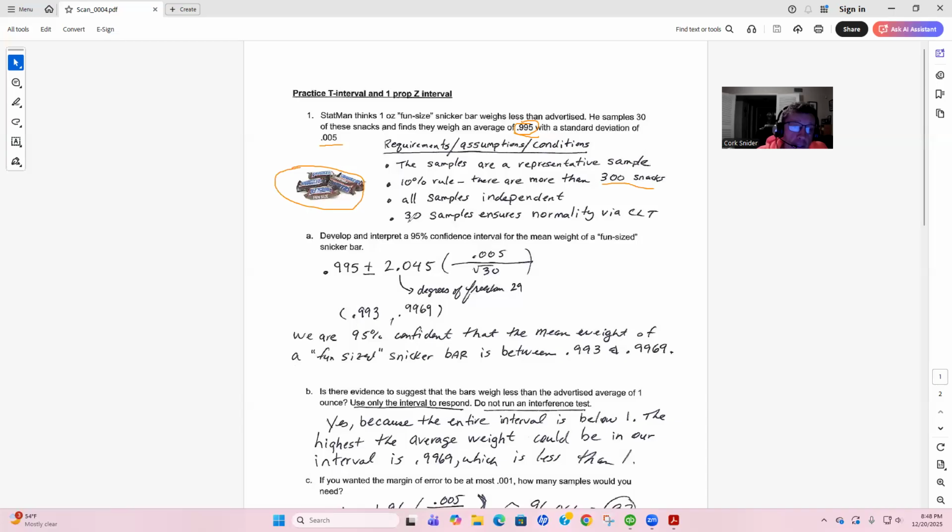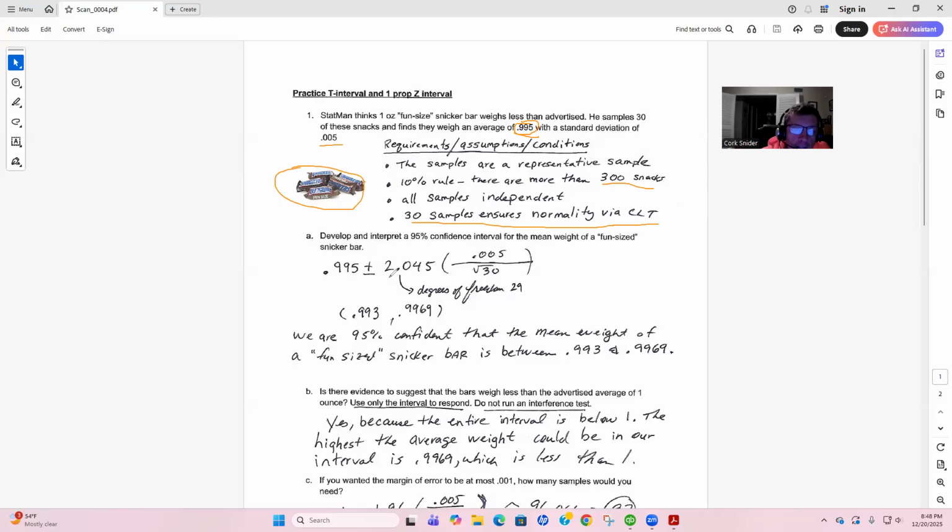And because it's 30 samples, we're going to be ensured a normal curve via the CLT. Remember, a confidence interval takes the middle 95% of the data, and needs a normal curve. Okay. So here is how you would develop it.